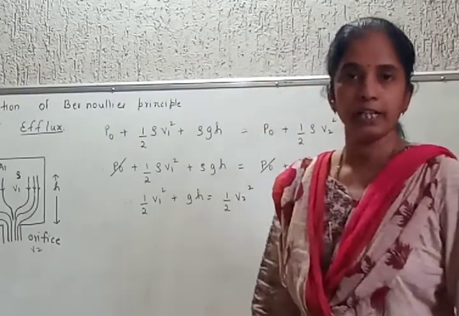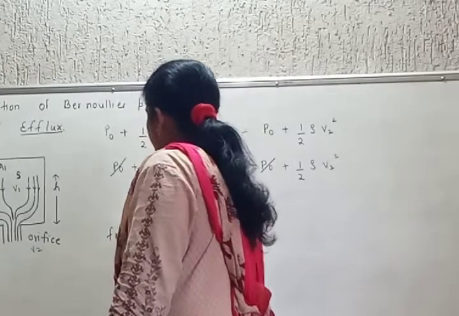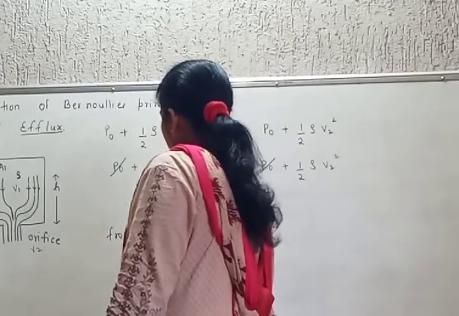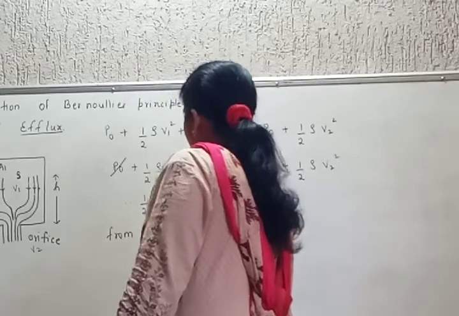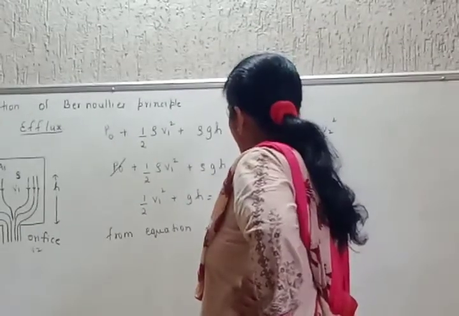Equation of continuity. What was that equation? A1 V1 is equal to A2 V2.